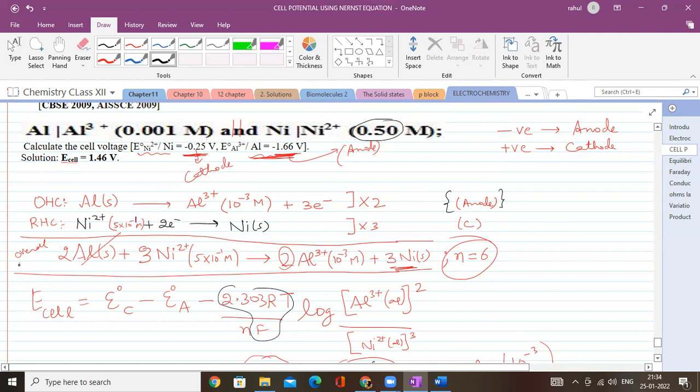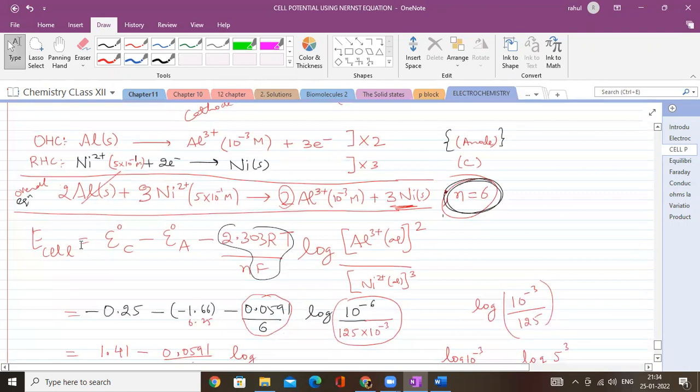So the overall equation will now become twice of aluminium in solid plus thrice of nickel 2+, of course 5 into 10 raised to minus 1 molar, will give you twice of Al3+, 10 raised to minus 3 molar, plus thrice of nickel in solid. Here the number of electrons exchanged is 6. So if I solve this equation now, again, as I said, it is better to calculate E naught of the cell separately.